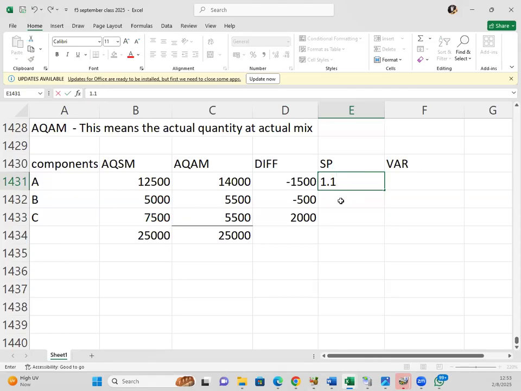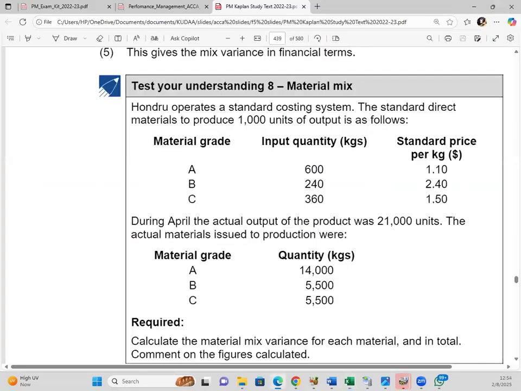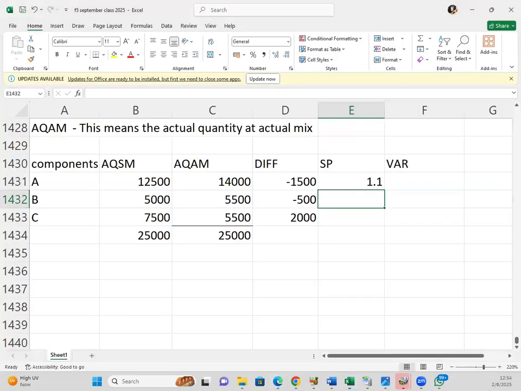If you go to the budget, you can see, for those that have not figured it out, where the standard prices are coming from. These are the standard prices of material A, B, and C. So it's 1.1, 2.4, 1.5.